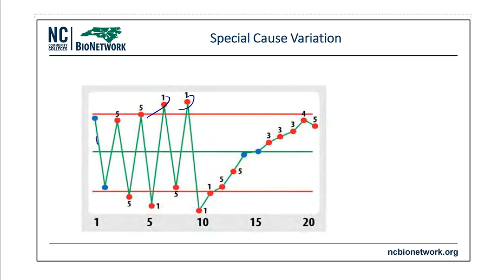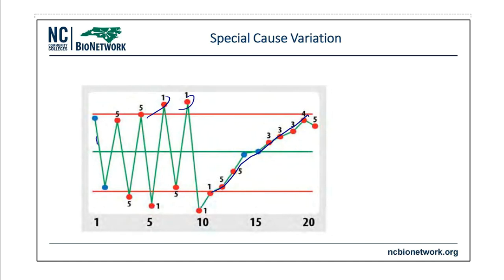Also, an upward or downward trend is another sign that something is off. Fluctuation should be natural. It should go up, down, up, down, up, down. But here, after this 10 mark on the x-axis, you see it go up, up, up, up, up. That is not normal.